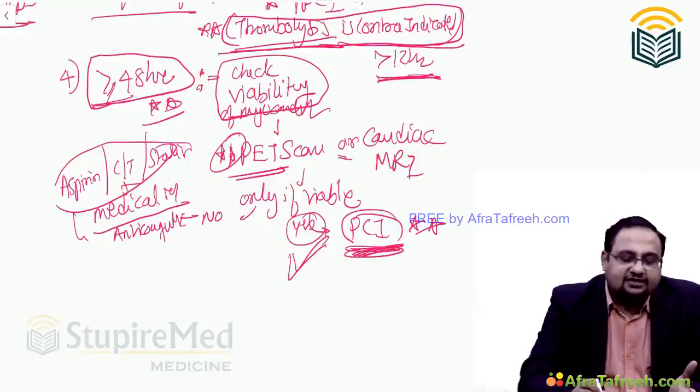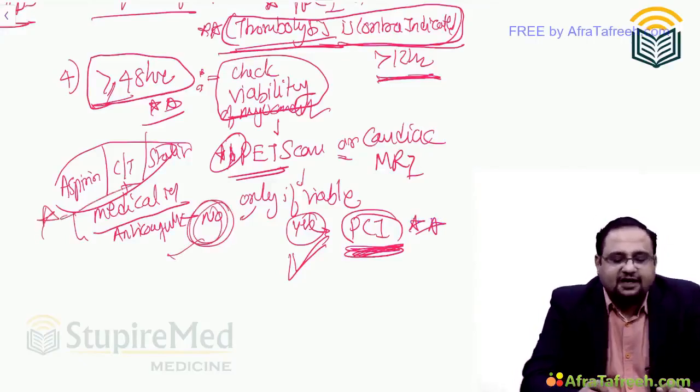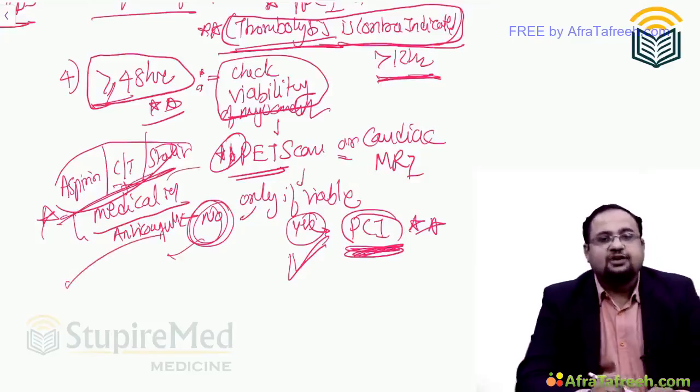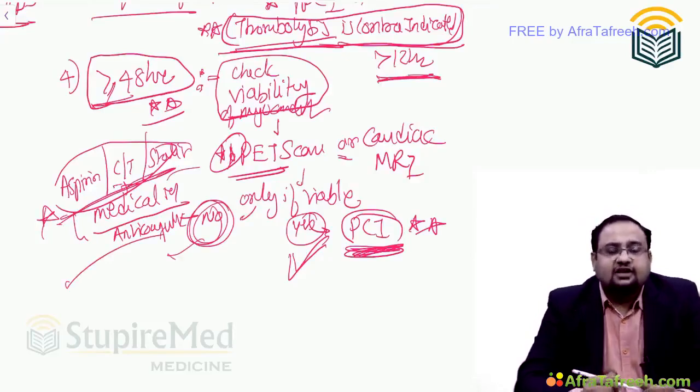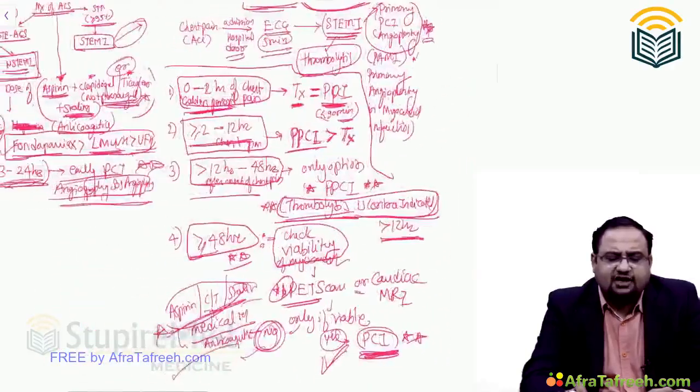If it is not viable, then medical management with aspirin, clopidogrel, ticagrelor, statins and anticoagulation has to be given. So this is the very important management of ST segment elevation myocardial infarction in coronary artery disease.